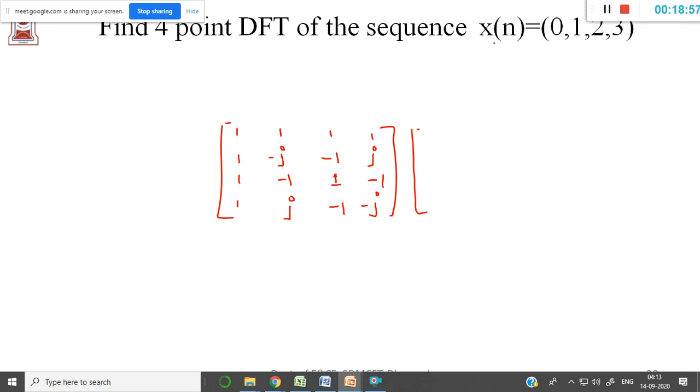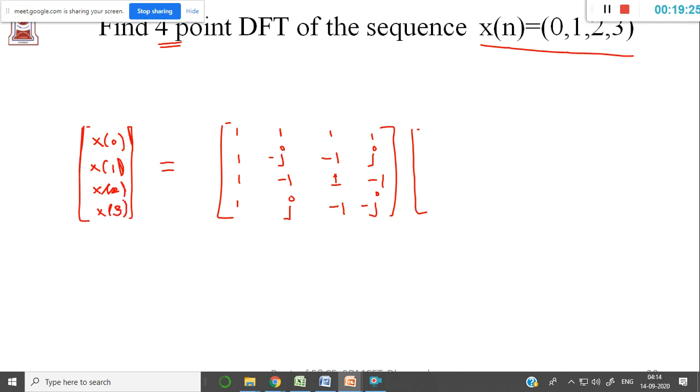Now I will use the same technique to find the DFT for x of n with n equal to 0, 1, 2, 3. I think this was the example in the last class. I gave it as homework. Now let us cross verify your answers, whether they are correct or wrong. So I need to calculate the 4-point DFT here, which has the values capital X of 0, capital X of 1, X of 2 and X of 3.